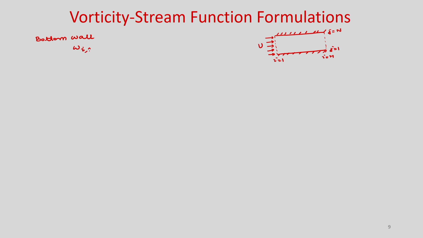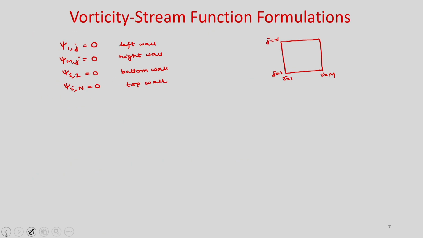So, omega i 1 will be minus 2 by delta y square, psi i 2 minus psi i 1. So, this is your omega boundary condition, same as the earlier.